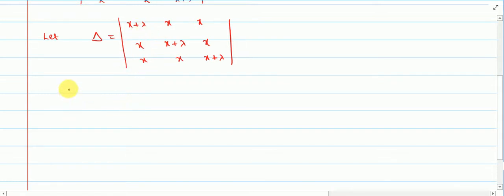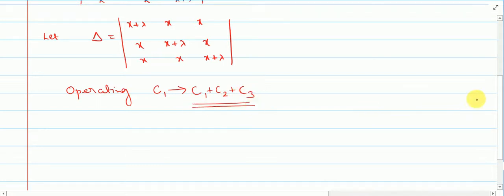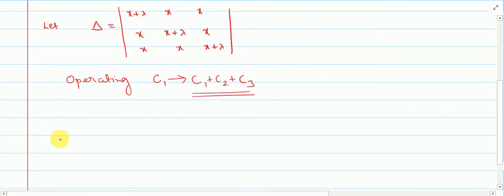Right now if you see, you won't find anything common in either row or column, but if I operate this, operating, this first column becomes C1 plus C2 plus C3. If this operation is done, then we will get, see this x will add, this x will add, so altogether you will get 3x plus lambda.